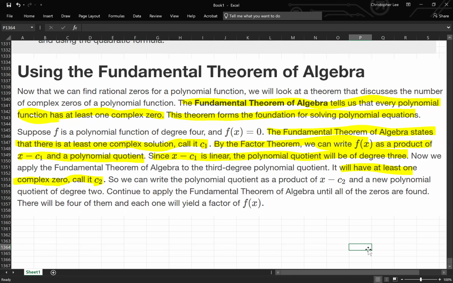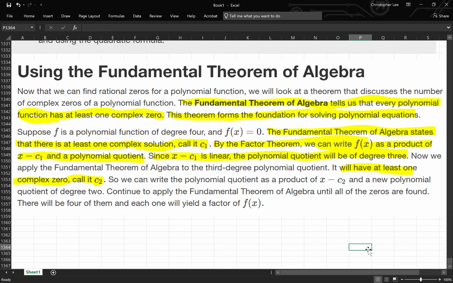Suppose f is a polynomial function of degree 4 and f of x is equal to 0. The fundamental theorem of algebra states that there is at least one complex solution. Let's call it c1. By the factor theorem, we can write f of x as a product of x minus c1 and a polynomial quotient. Since x minus c1 is linear, the polynomial quotient will be of degree 3.